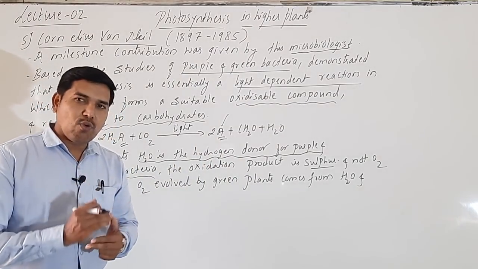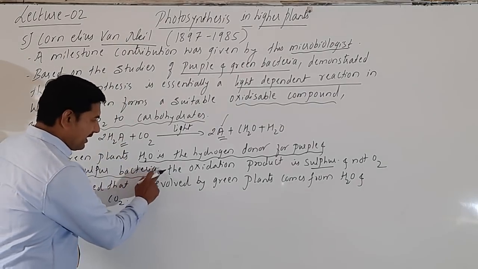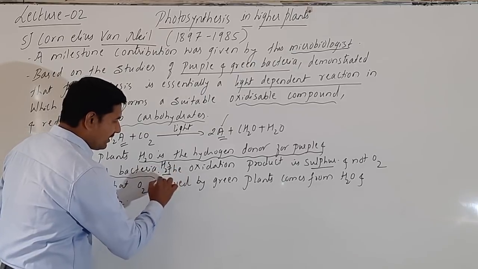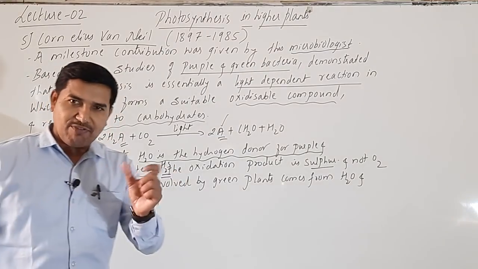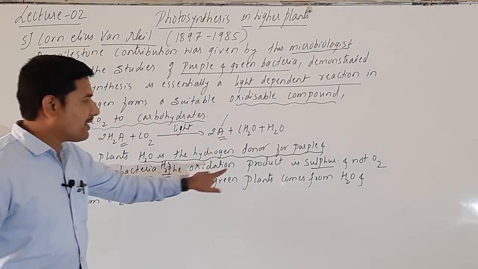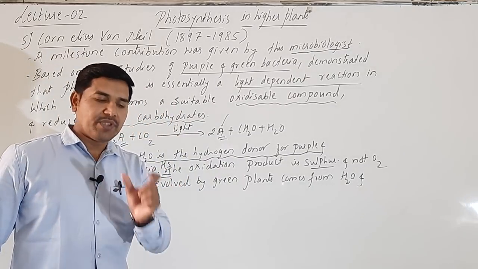Now, instead of water, so let us change the statement here. So, in the bacteria, now if H2S is used, hydrogen sulfide, the oxidation product is sulfur and it is not oxygen, because H2S.